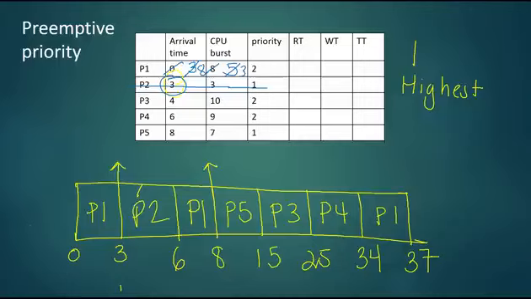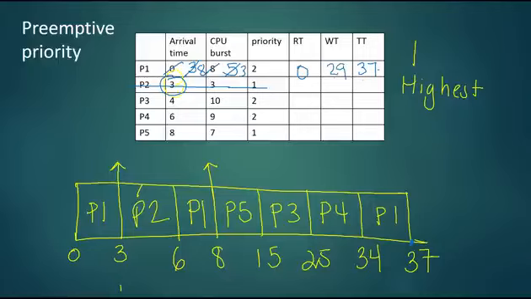So let's calculate the response time, wait time, and turnaround time. P1 arrived at time 0 and first got on the CPU at time 0, so P1's response time is 0. However, P1 completed all of its execution at time 37, so P1's turnaround time is 37. Now, of those 37 time units that P1 was active in the system, only 8 of those time units P1 was actually on the CPU, so P1 actually spent 29 time units waiting.